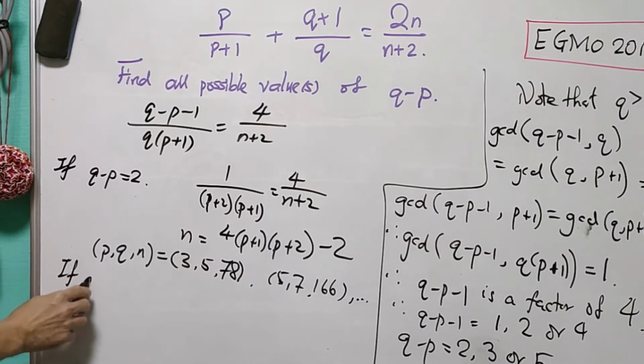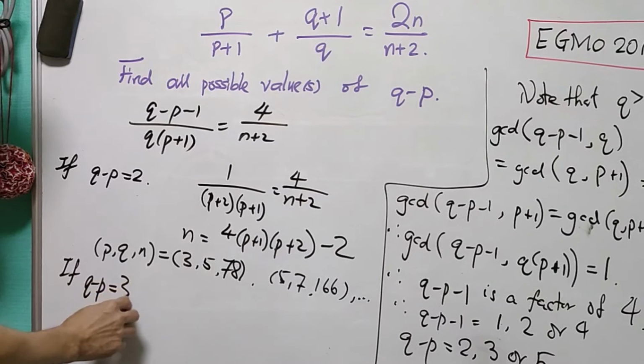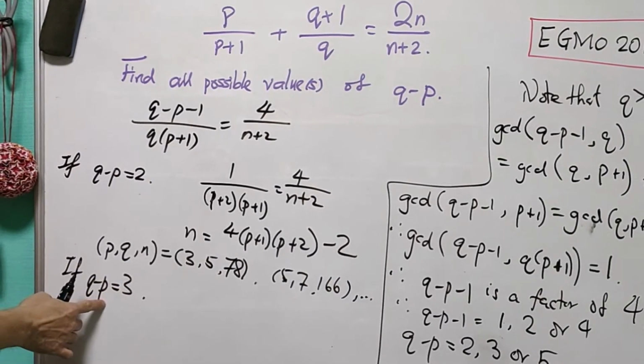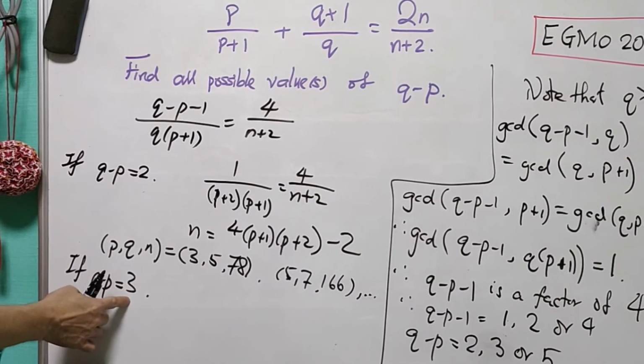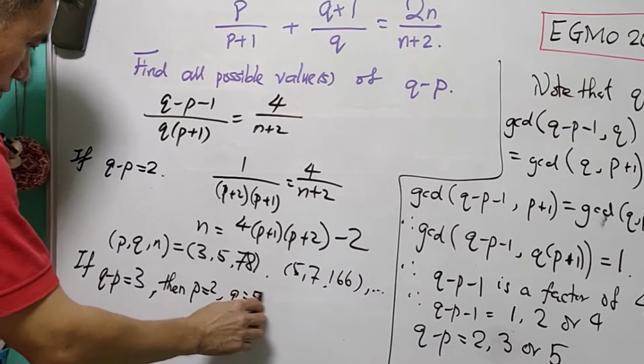Now if Q minus P equals 3, since both Q and P are prime numbers and the difference is an odd number, P must be equal to 2 and Q has to be equal to 5.